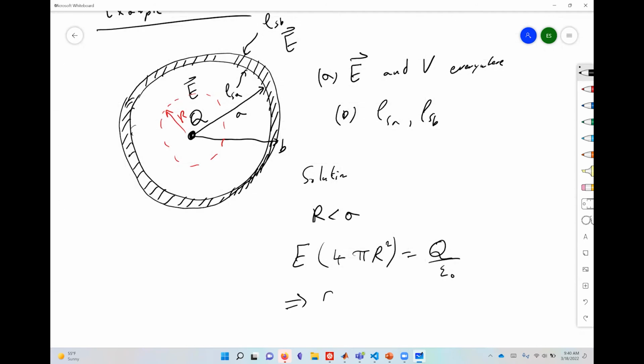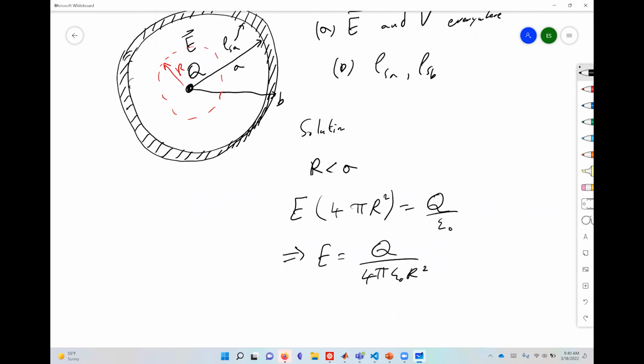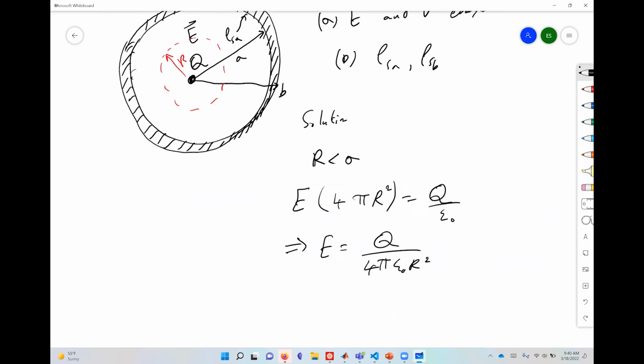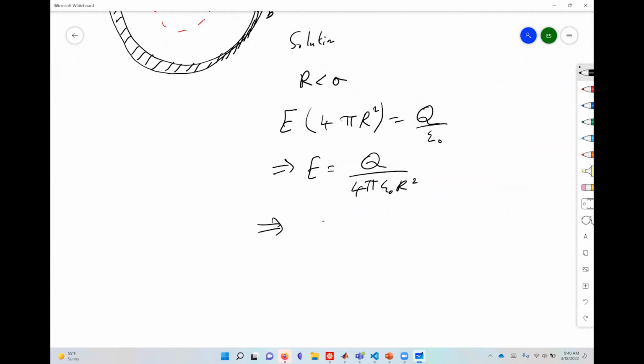So that tells me that E equals Q over 4 pi epsilon naught R squared. Of course, this is expected. I'm expected to get the Coulomb force law, right? In vector form, in spherical coordinates, it is R hat Q over 4 pi epsilon naught R squared. This is for R less than A.